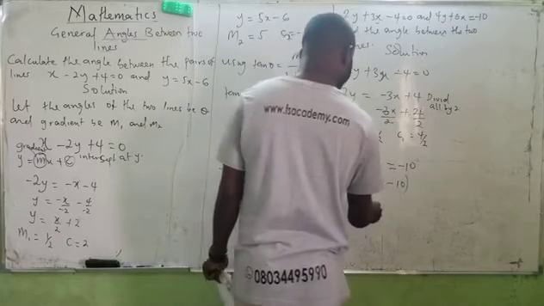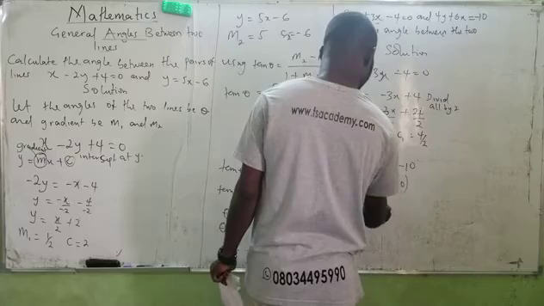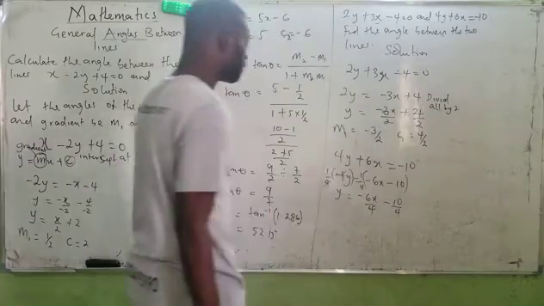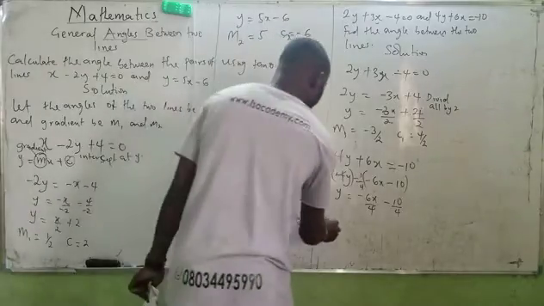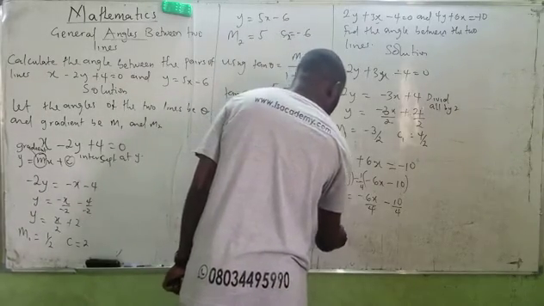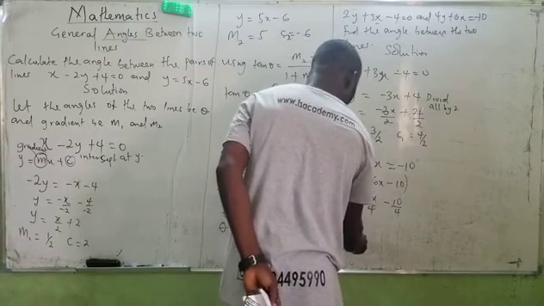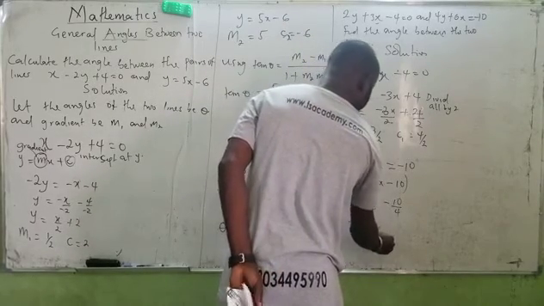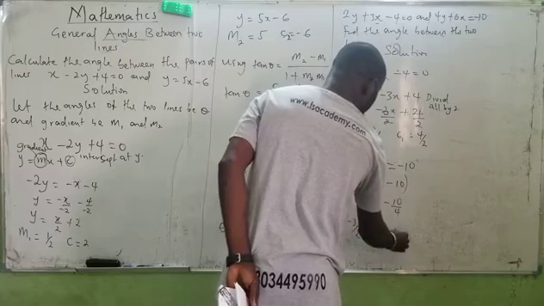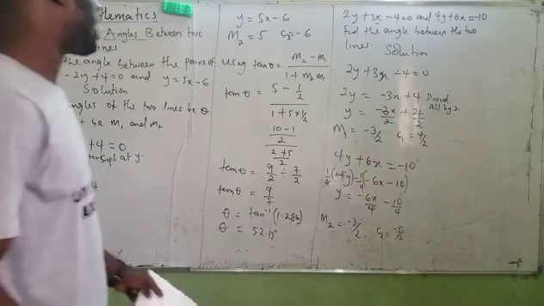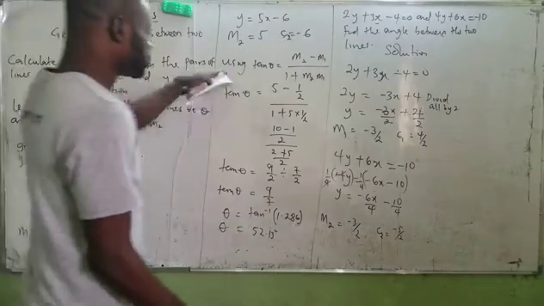Now, my y will be equals to minus 6 all over 4 x minus 10 all over 4. Now, by so doing this, my m2 will be equals to minus 3 all over 2, and c2 will be equals to minus 5 all over 2. That is all.